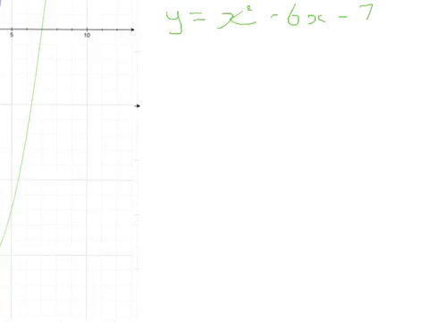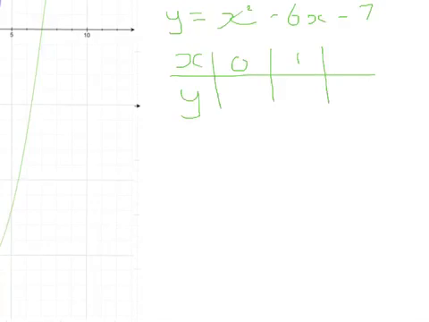So let's just look at what the table of values looks like, for x being values of 0, 1, and 2. Okay, so what value would we get for y for the first one? Well, if we plugged 0 into here, this would become 0, this would become 0, so our y value of that first one is going to be minus 7.